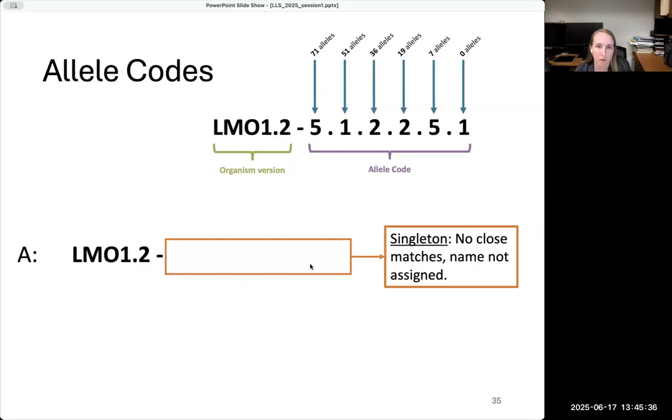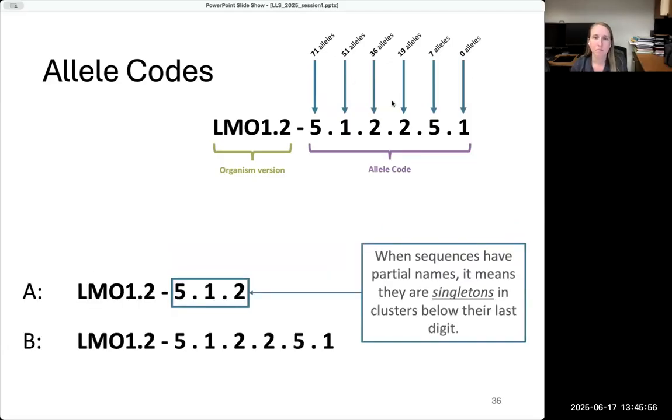Occasionally you'll see one without any digits, and it's going to be a singleton. It had no close matches in the system, so it didn't have a name assigned. One day it may have one, but at this point in time, if it doesn't have one, that means there's nothing very closely related to it, or at least within 71 alleles. So in this example, this first one here, where it's 512, Listeria can have up to 6 digits, but this one only has 3.